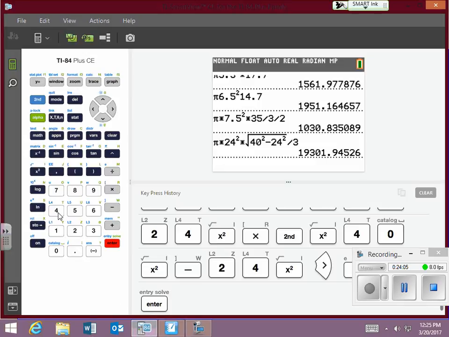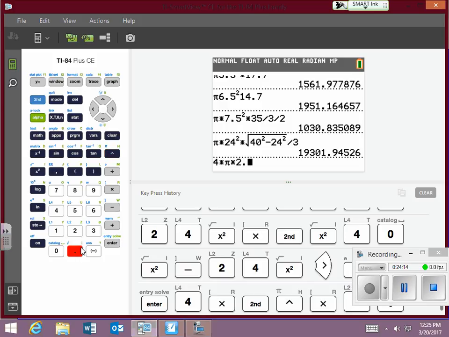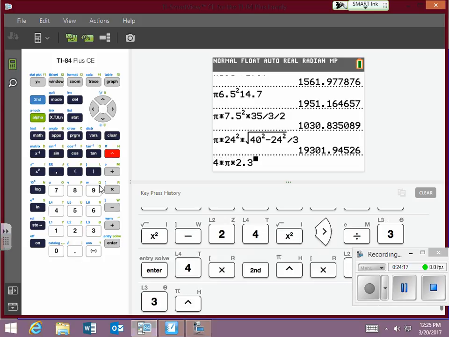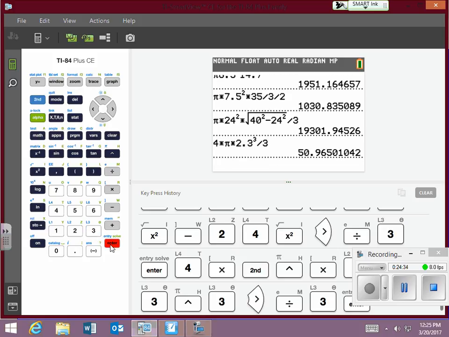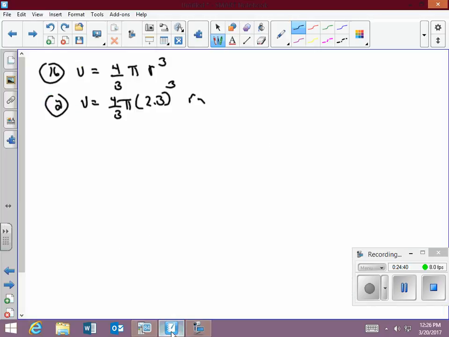So just go 4 times pi times 2.3 raised to the 3rd, on top of there, divided by 3. 51, and that was inches cubed.